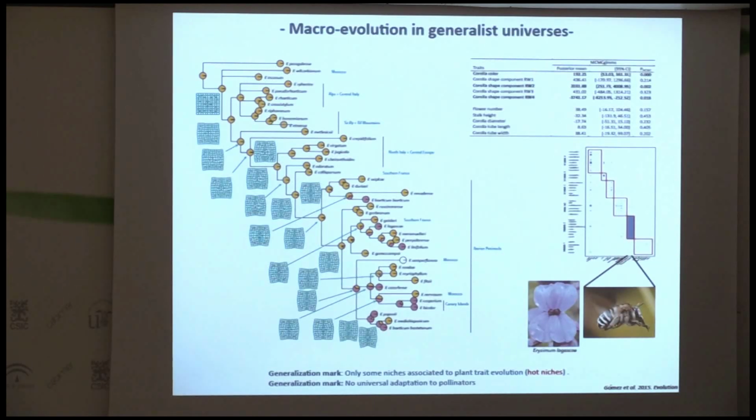In particular, what we found is that some niches, this one in particular, that is composed of those long-tongued large bees, the same niche as in the study before, is associated with the evolution of the color of the corolla.